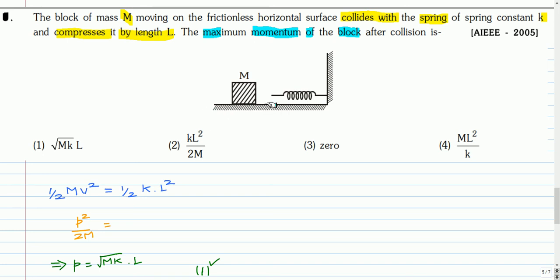When the block touches the spring, the energy is the kinetic energy of the block, that is half mv square, and when the block compresses the spring completely, the kinetic energy is 0 and the energy stored in the spring is half k L square. And we can write the kinetic energy as p square by 2m, where p is m into v, the momentum. So from this we get p as square root of mk into L. So the correct option is option 1.